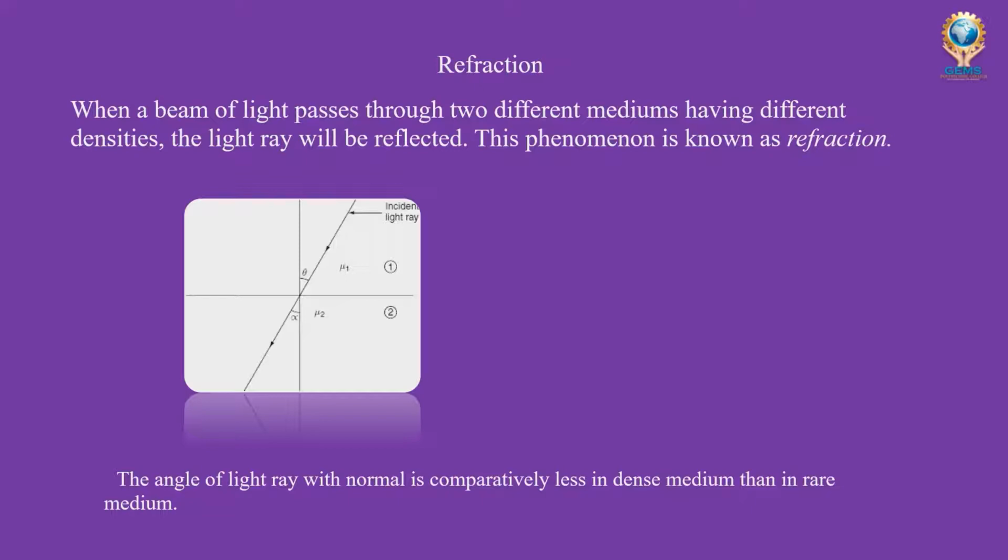The angle of the light ray with the normal is comparatively less in a dense medium than in a rare medium. So this angle of the light ray will be less in the dense medium. That we should understand clearly.